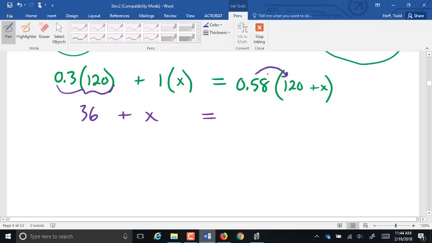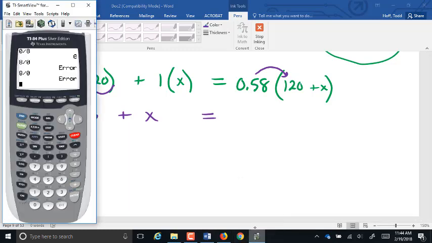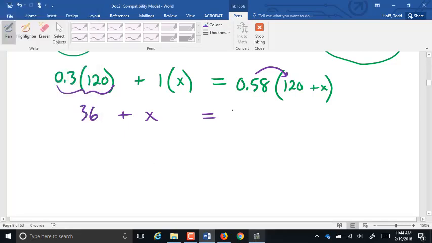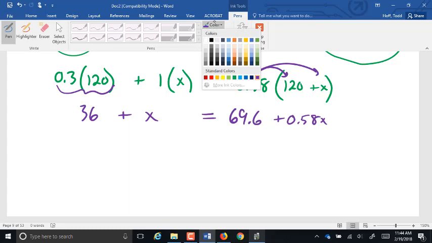We're going to multiply through by the 0.58. So 0.58 times 120 gives us 69.6. And 0.58 times X is 0.58X. So we've combined everything that we can on the right side of the equation as well.